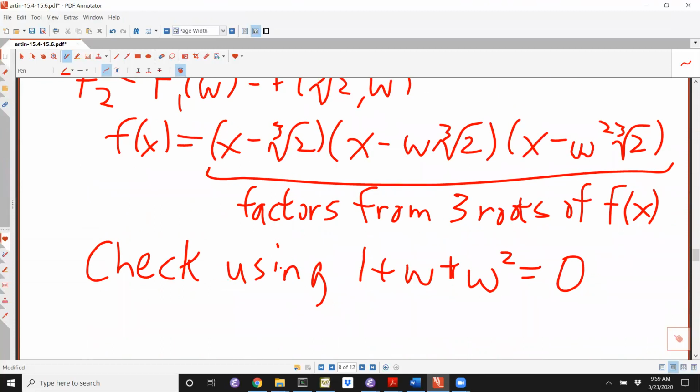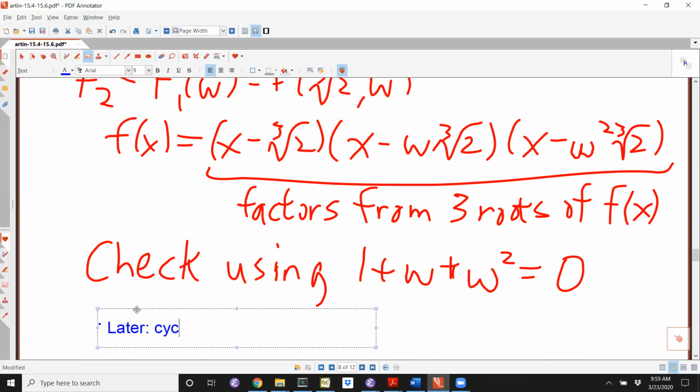It's like a physics proof that 1 plus omega plus omega squared equals 0, or you can actually prove that algebraically. Later on, we'll look at cyclotomic fields, and this is sort of what that's about.